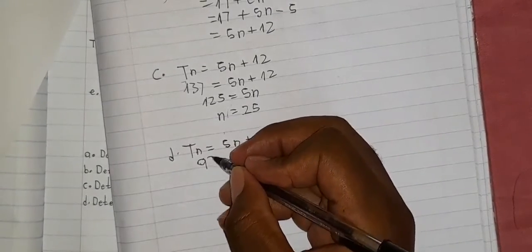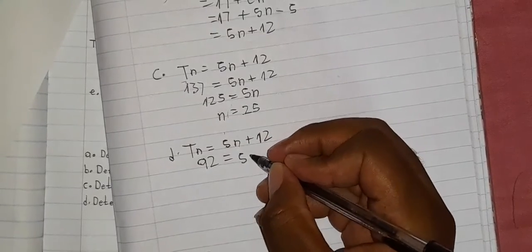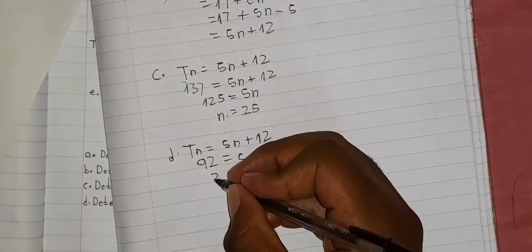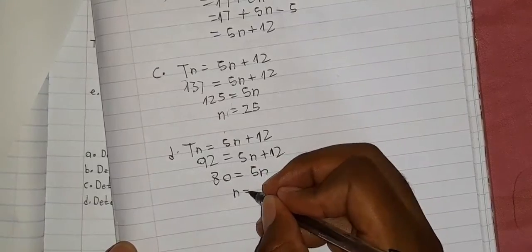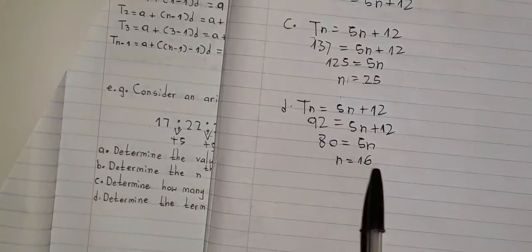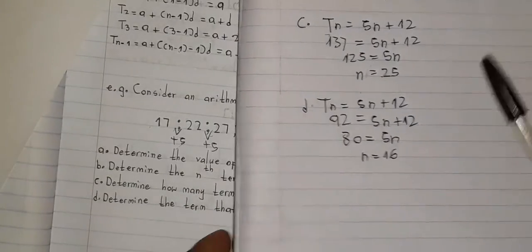So 92 is equals to 5n plus 12. 92 minus 12 is 80. Let me verify that: yes, it's 80 divided by 5. It gives me 16. So n is equals to 16. So it tells us that at position 16, we will get a value of 92.